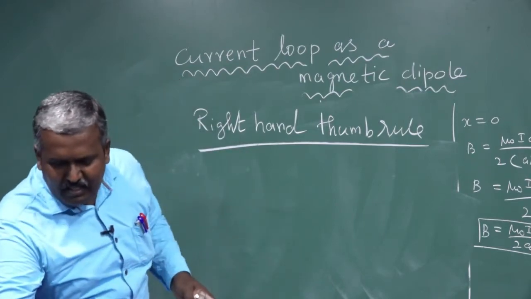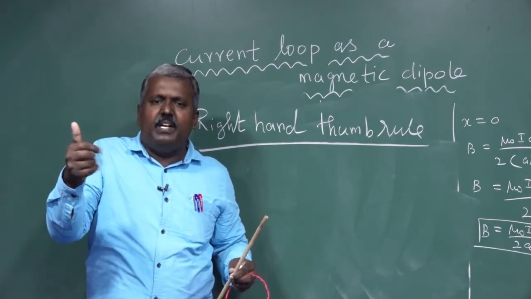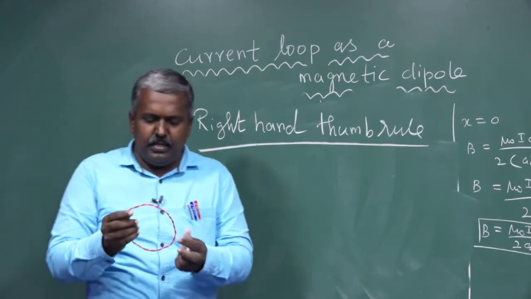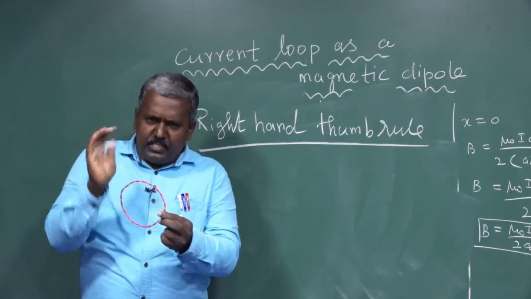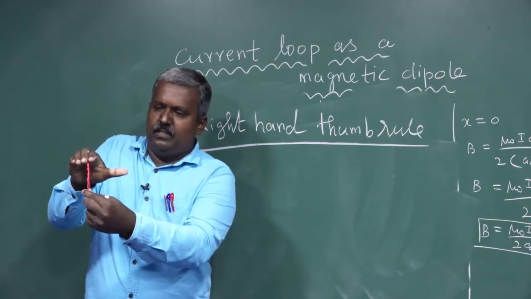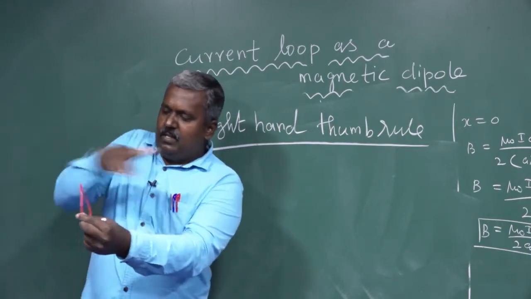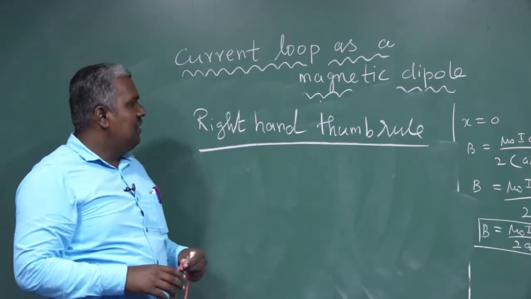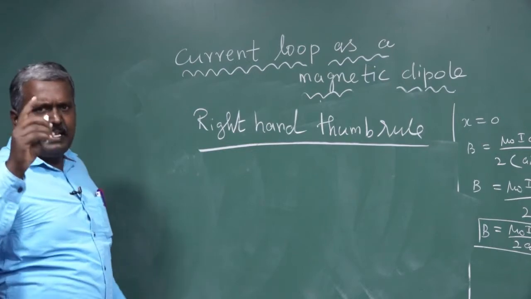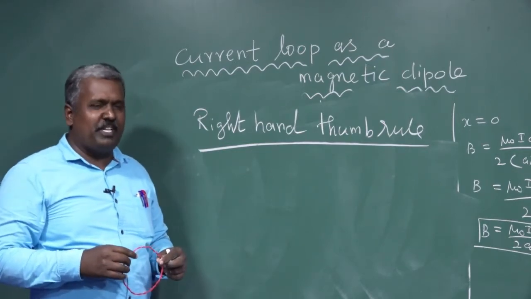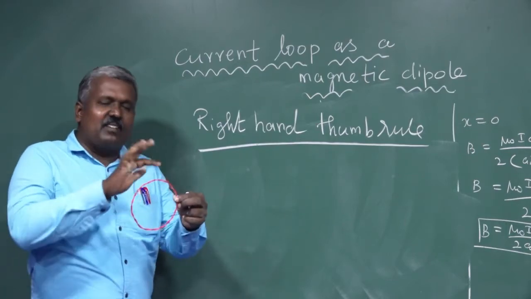In a straight conductor, the thumb gives the magnetic field direction. While using it for a loop, the curled fingers give us the current, and the thumb gives us the direction of the magnetic field along the axis of the coil. Here we can also find the direction of the magnetic moment in the circular loop.